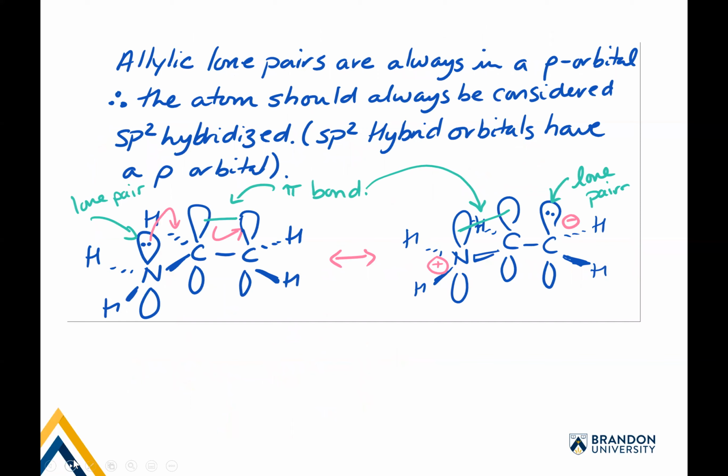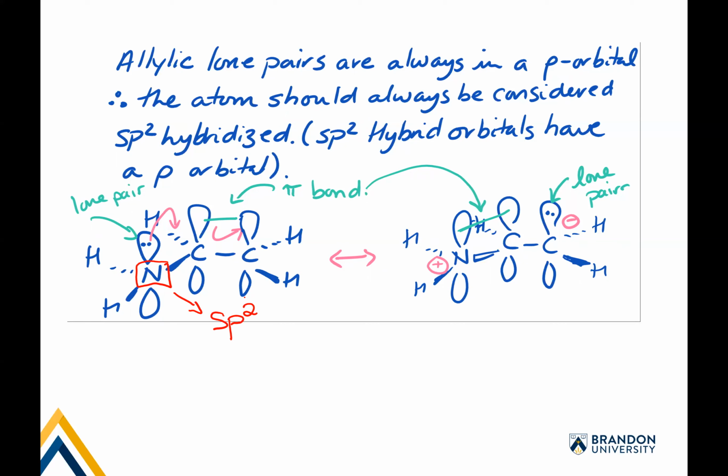Now, the interesting part, this is what I was going to get to next, is that if you have an atom in the allylic position which has some lone pairs, and they can be delocalized to draw a resonance structure, the hybridization of this atom has to be, in this case, sp2.